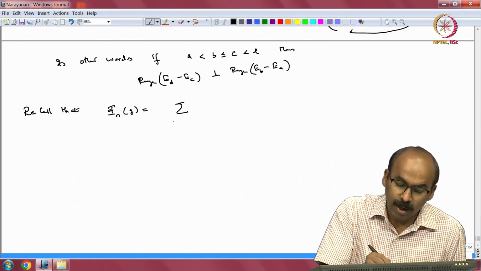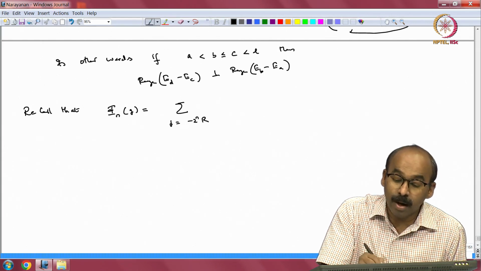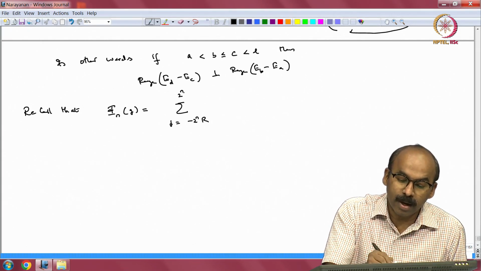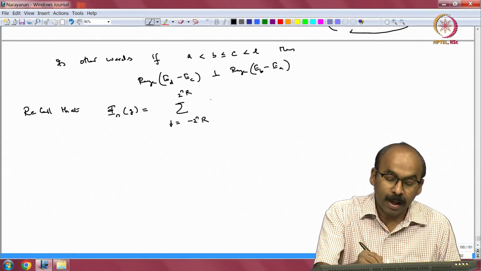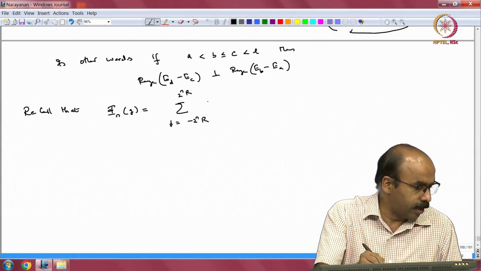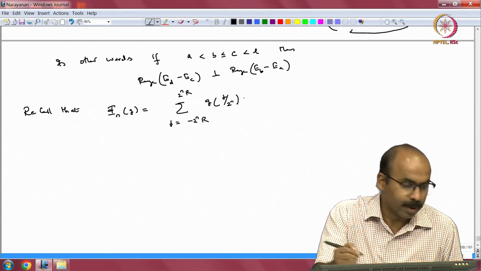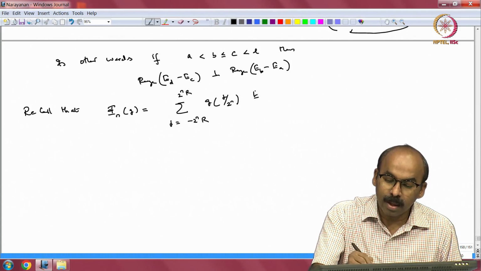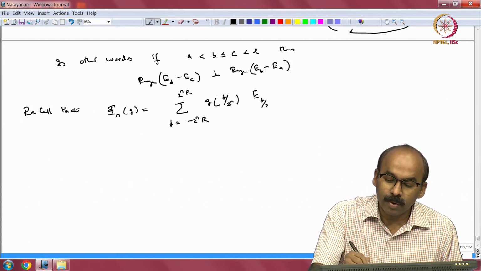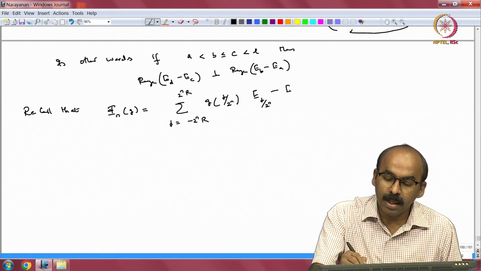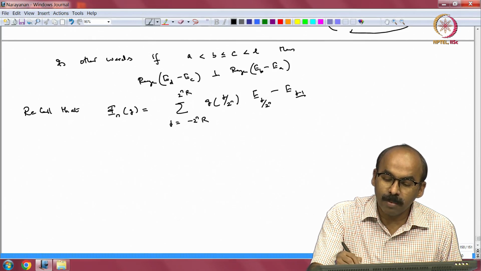So, I have the sum over j from −2^n r to 2^n r of g(j/2^n)(E_{j/2^n} − E_{(j−1)/2^n}).